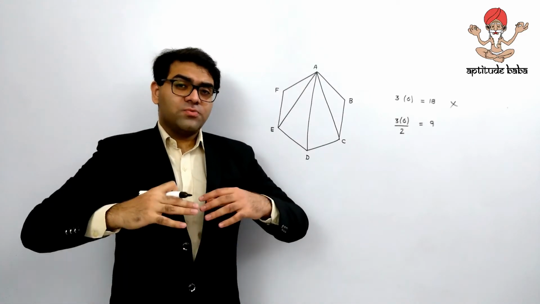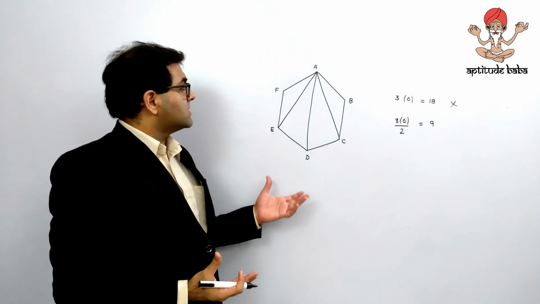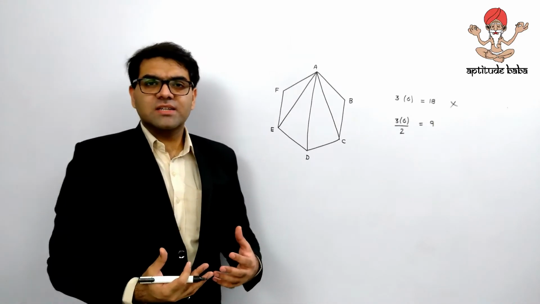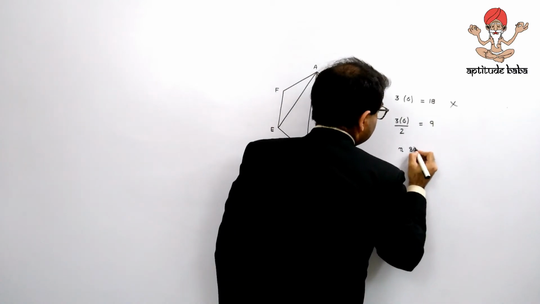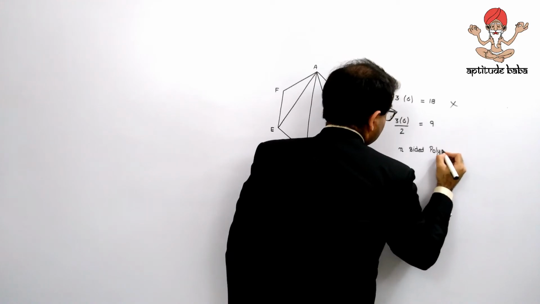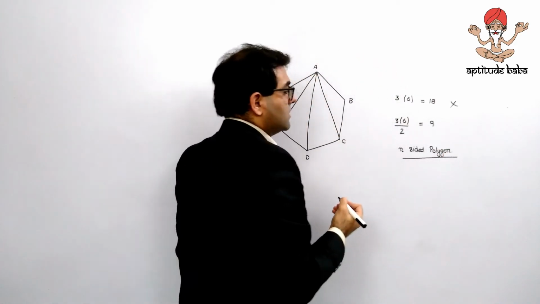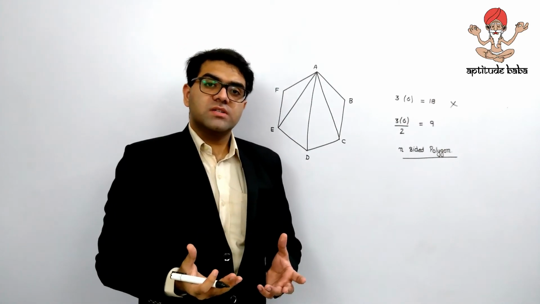Now let us further generalize this logic. Instead of considering a 6-sided figure, or a hexagon, let us consider a general n-sided polygon. It's an obvious common sense rule that for an n-sided polygon, there will be n vertices.